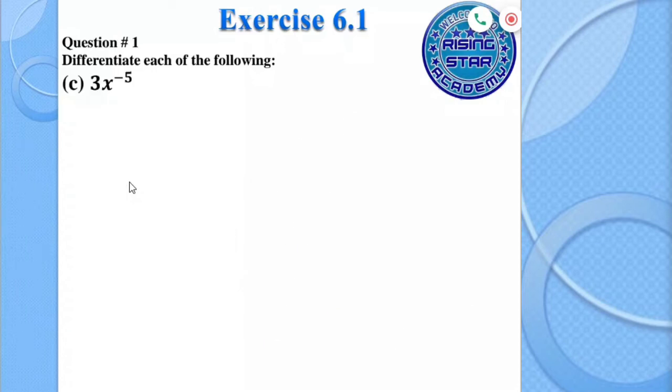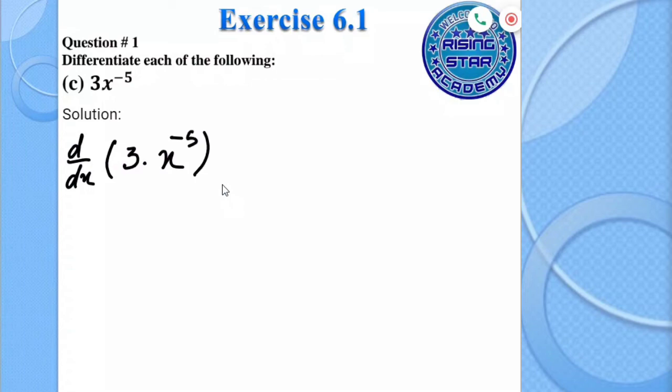Next problem, we have a constant and the variable is multiplying. So now we will write it d by dx of 3 times x to the power of negative 5.